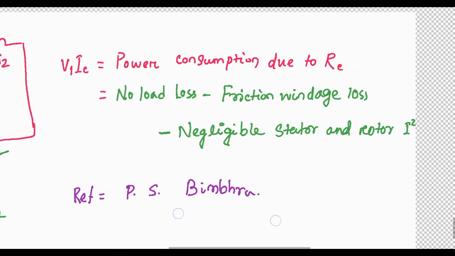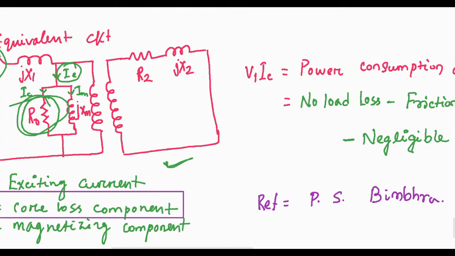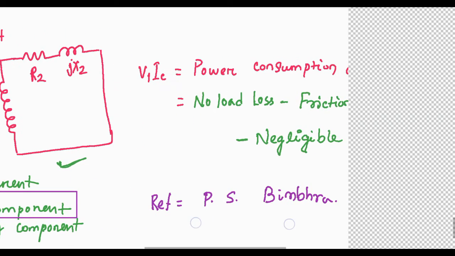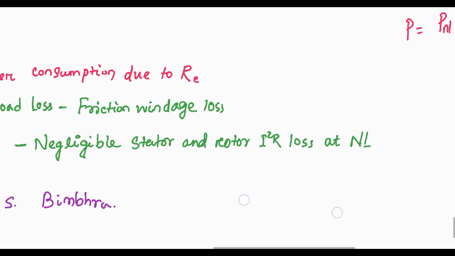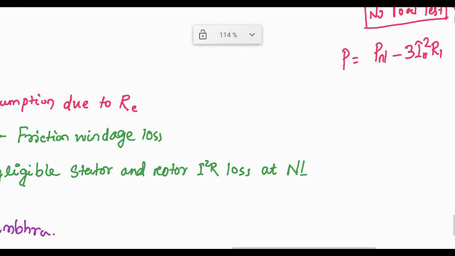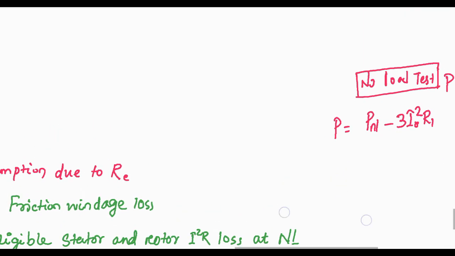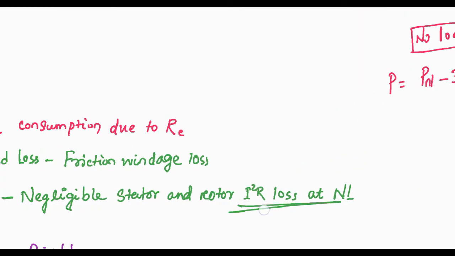Because V1 is the voltage across this one, V1 IC is the power consumption due to RC only, and this one is the no load loss minus friction and windage loss minus negligible stator and rotor I square R loss, that is the copper loss.